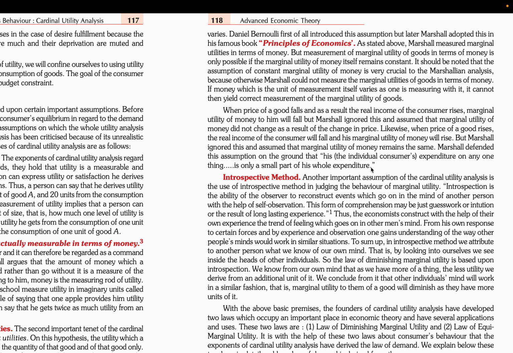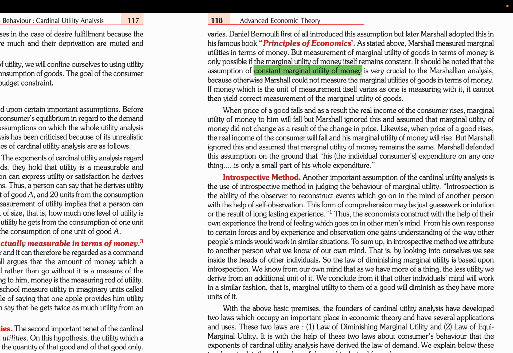It should be noted that the assumption of constant marginal utility of money is very crucial to the Marshallian analysis, because otherwise Marshall could not measure the marginal utilities of goods in terms of money. If money, which is a unit of measurement, itself varies as one is measuring with it, it cannot yield the correct measurement of the marginal utility of goods.